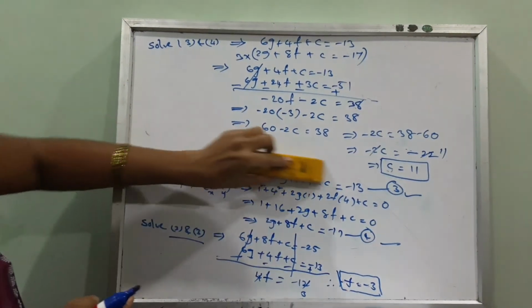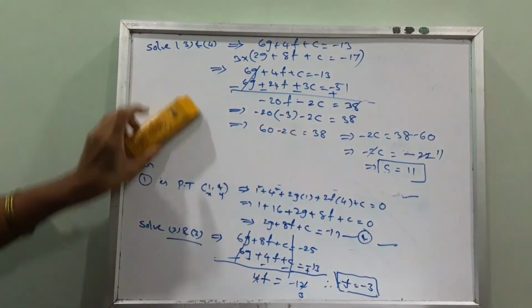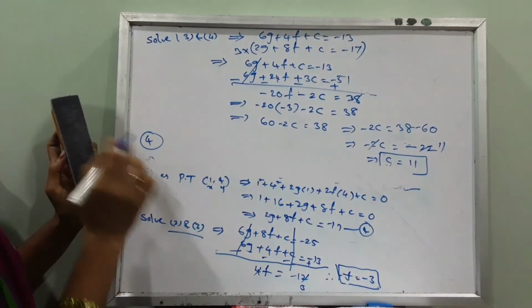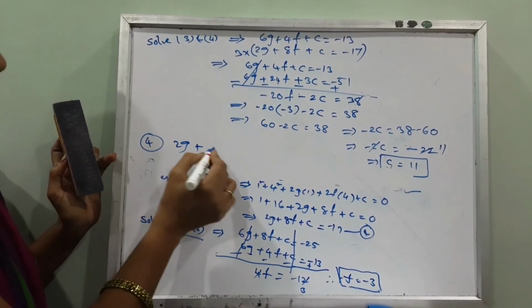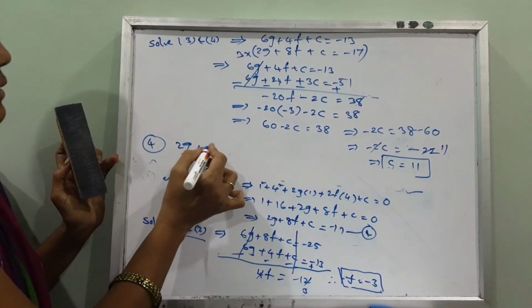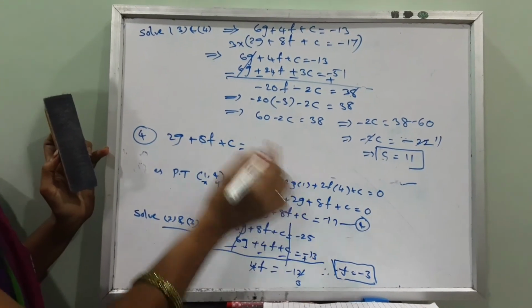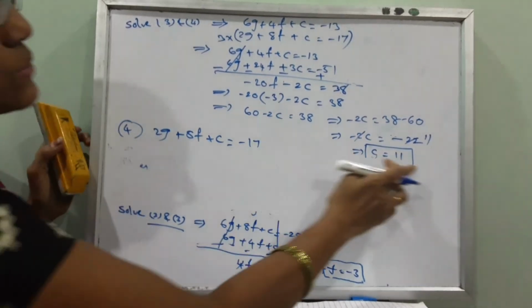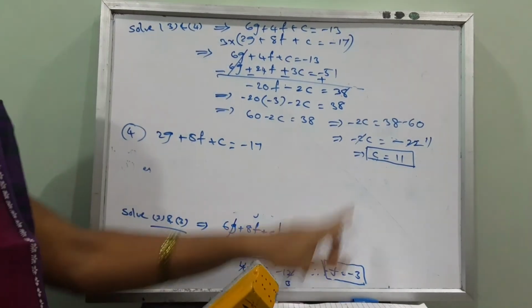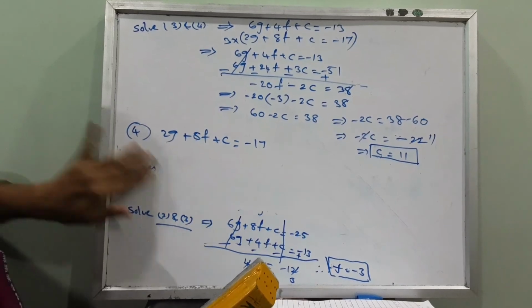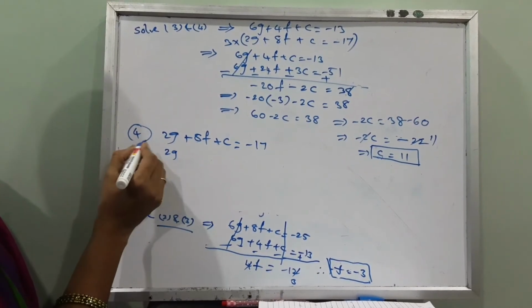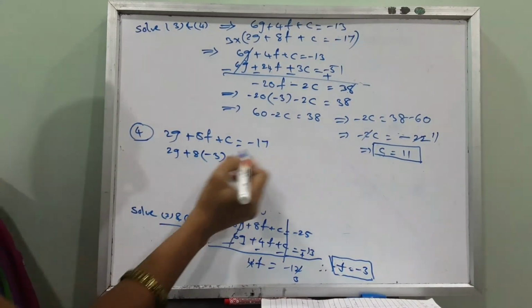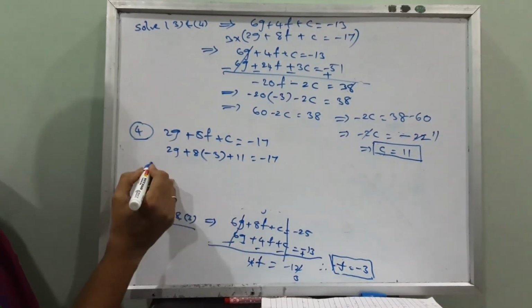After that we have to find g. Now substitute in equation 4. From equation 4, 2g plus 8f plus c is equal to minus 17. So here substitute f and c in this, and we will get the g value. 2g plus 8 into, here f is minus 3, plus c is 11, is equal to minus 17.